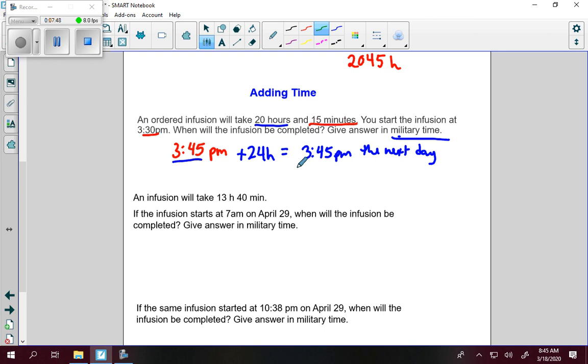Then I'm going to take away 4 hours from 3:45 p.m. and it would be 11:45 a.m. Still the next day. And to represent it in military time, it would just be 11:45 hours the next day.